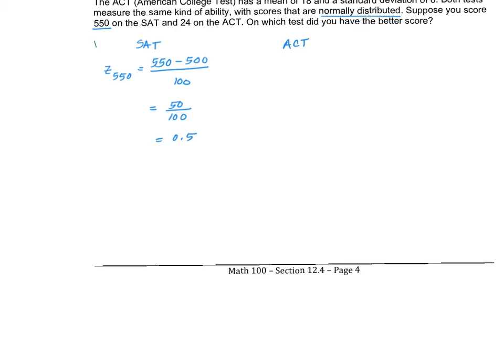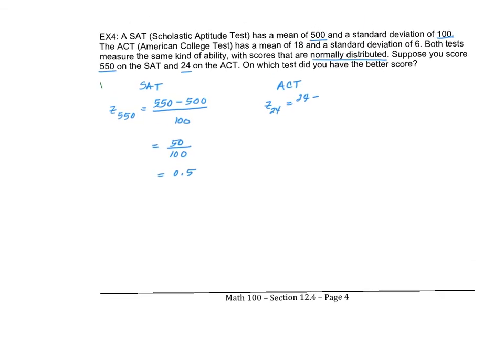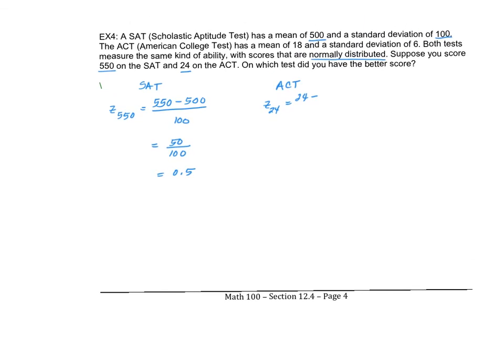But on the ACT, I think that's going to be higher. We're looking at a z-score for 24. That's what we scored, so it's our data item 24 minus the mean.